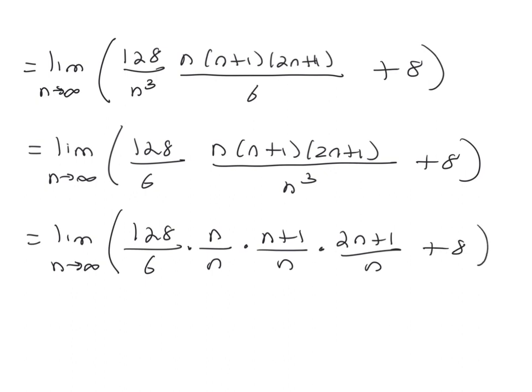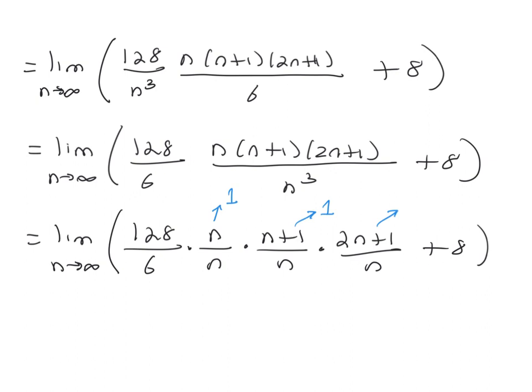This is set up in a way so I know what the limit of each piece as n goes to infinity approaches. n over n has a limit itself of 1 because it's the ratio of the numbers in front of the n's. Same thing is true for this next fraction. It also approaches 1. Again, the ratio of the numbers in front of n are 1 over 1, or 1.